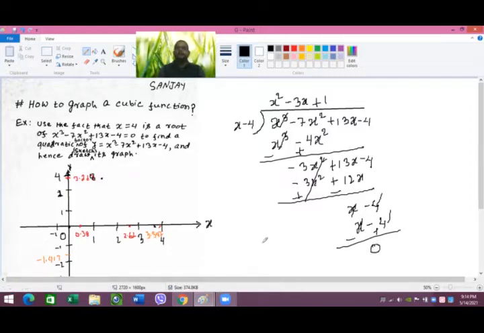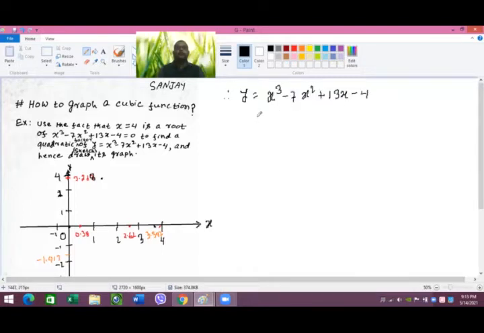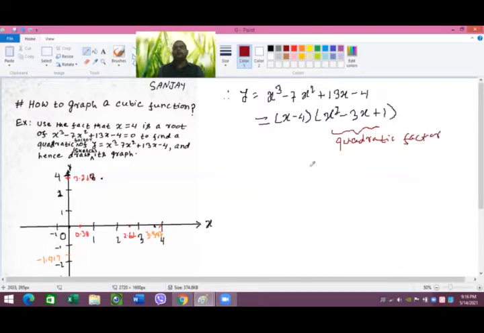So therefore, as we have divided by x minus 4, we have the term x minus 4, and the other term is x squared minus 3x plus 1. This is a quadratic polynomial, and therefore this is a quadratic factor.